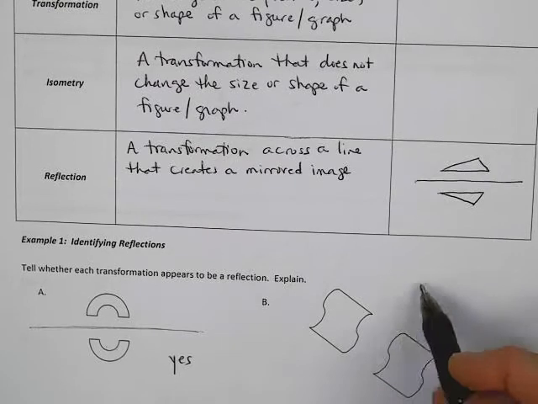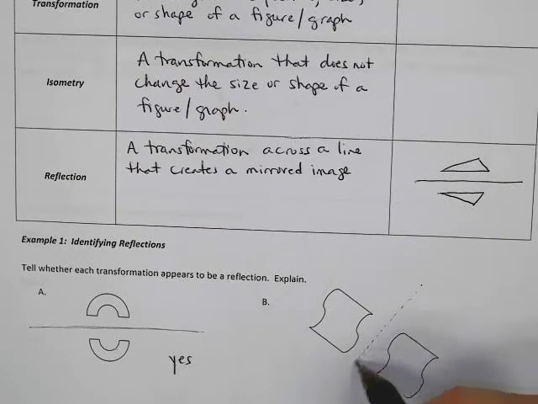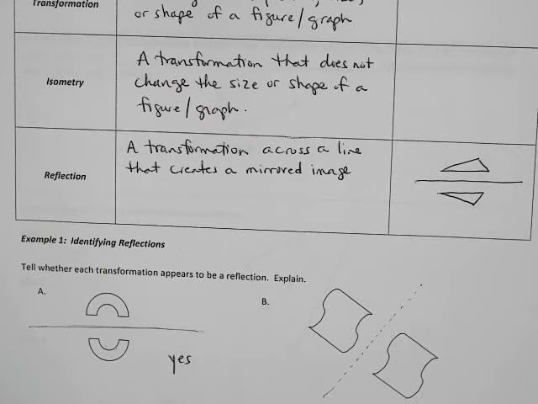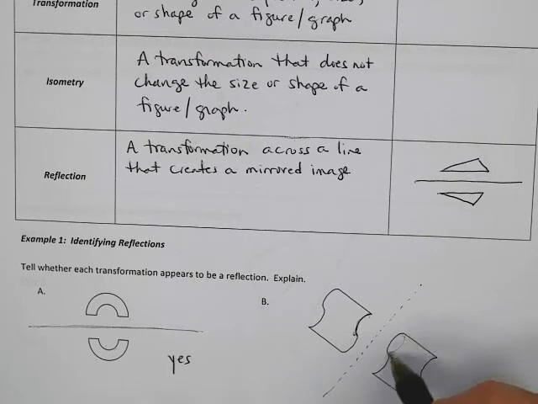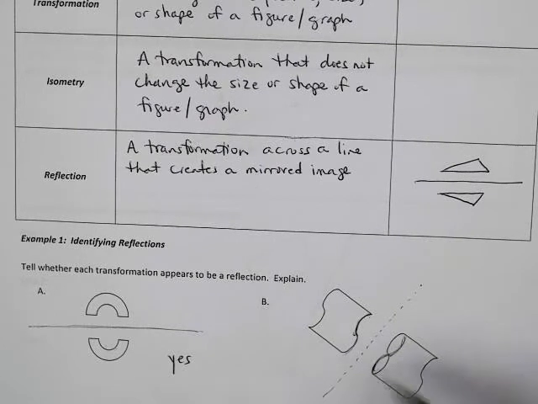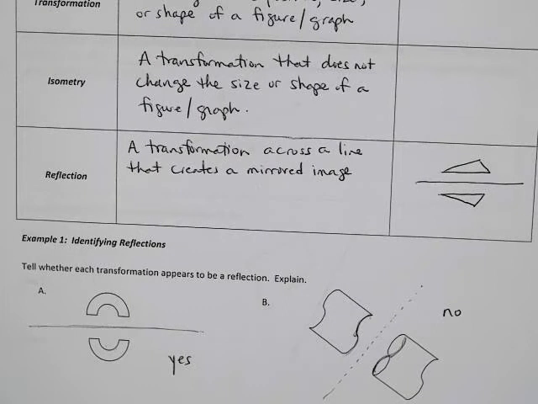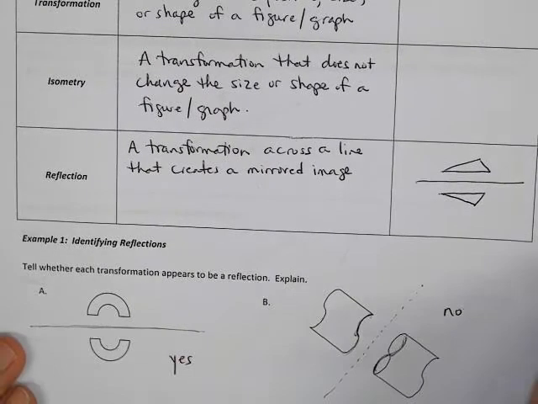If you go to try to put a line in here, that is not a mirrored image, right? This is actually a translation. It's a slide, but a mirrored image would take this and reflect it over and make it more of this shape, and then would take this shape and mirror it over and make that kind of a shape. So you can see that's not what we have here. So that is a no, it's not a reflection, it's just kind of a slide.